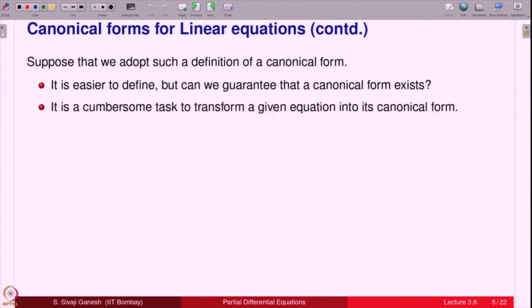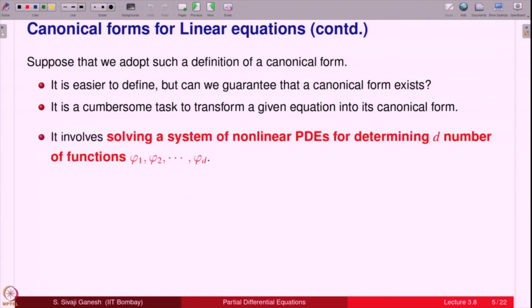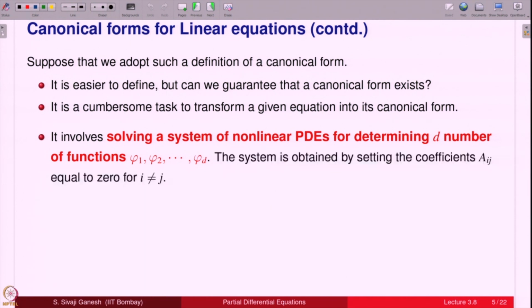It is a cumbersome task to transform a given equation into its canonical form. Remember what you need to do? We have to make sure that in the new coordinate system which we have to find, no mixed partial derivative appears. So that is a system of nonlinear PDEs for determining phi 1, phi 2, up to phi d, which go on to define the coordinate change transformation.